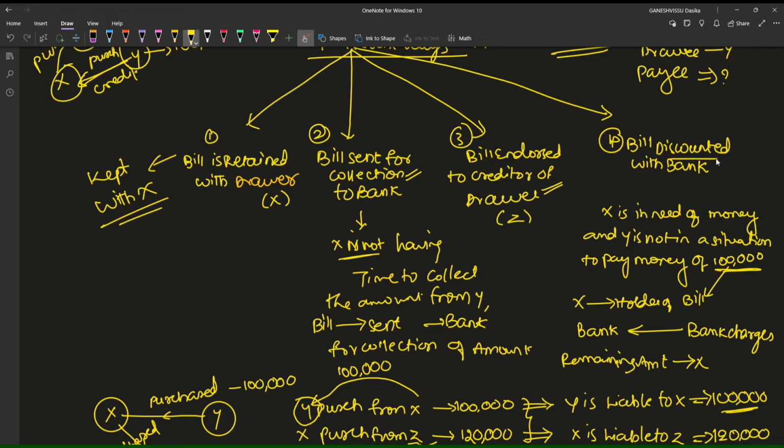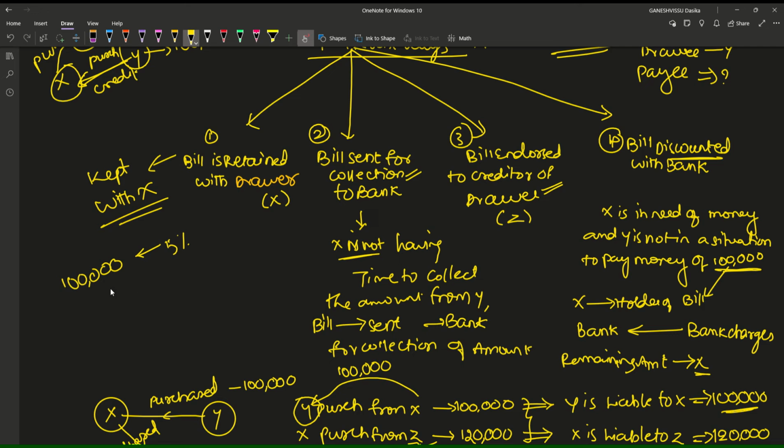Discounting is nothing but some bank charges being deducted and the remaining being sent to X. Let us suppose 1 lakh rupees is there, and the discount rate is 5%.